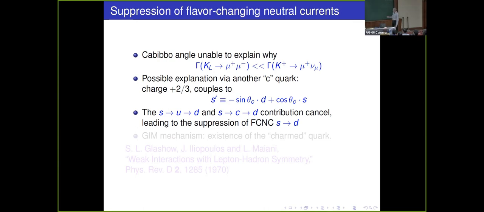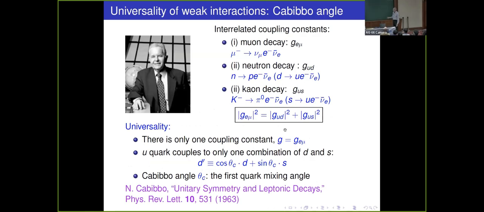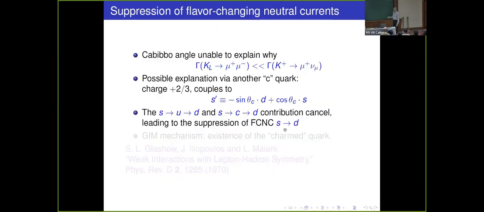quark called the C quark, or the charm quark. Now this charm quark couples to the orthogonal combination to D prime. D prime, if you remember, was cos times D plus sin times S, and here the C quark couples to minus sin times D plus cosine times S. As a result, in addition to the process where S goes to D through a U quark, it can also go to D through a C quark.